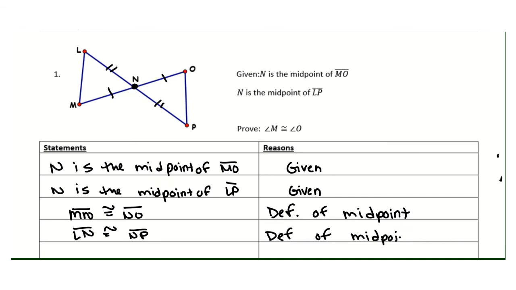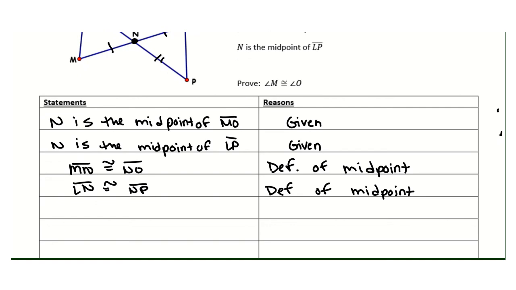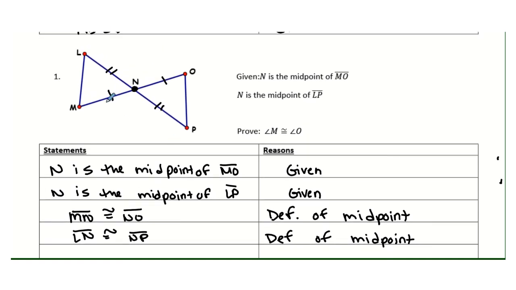And we talked about midpoint on the very first day of this unit. So right now I have a side and a side. So I either need to find something about this side over here, or I need to find something about this angle over here to prove that these triangles are congruent.